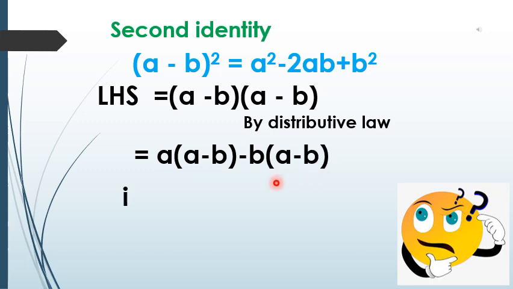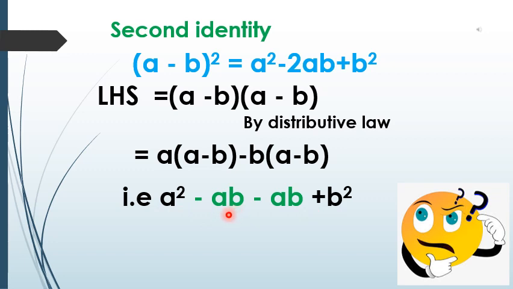That is a into a is a², and a into -b is -ab, then -b into a is -ab, -b into -b becomes plus b², which is equal to a².